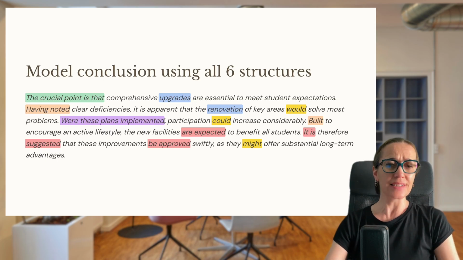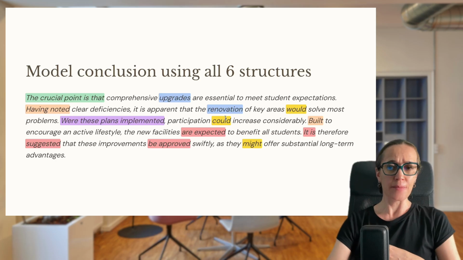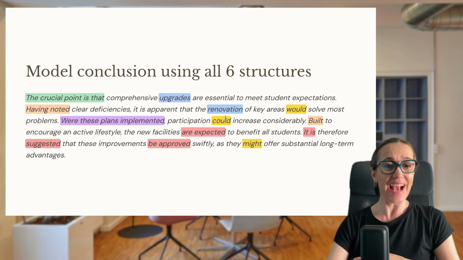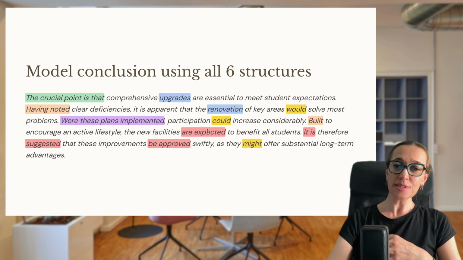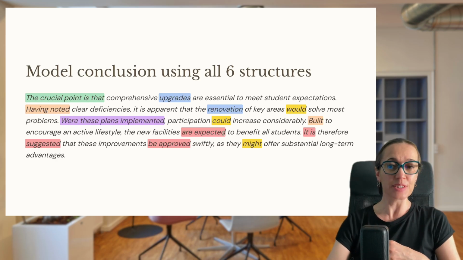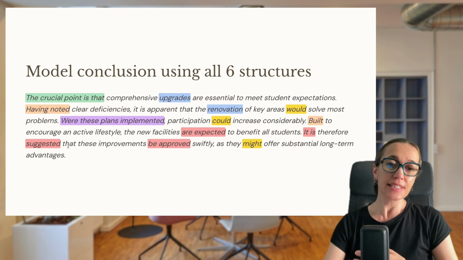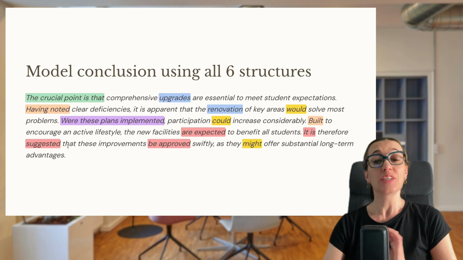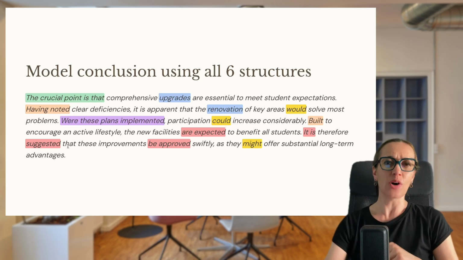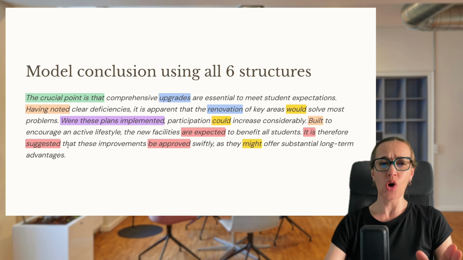Were these plans implemented, participation could increase considerably. Built to encourage an active lifestyle, the new facilities are expected to benefit all students. It is therefore suggested that these improvements be approved swiftly, as they might offer substantial long-term advantages.